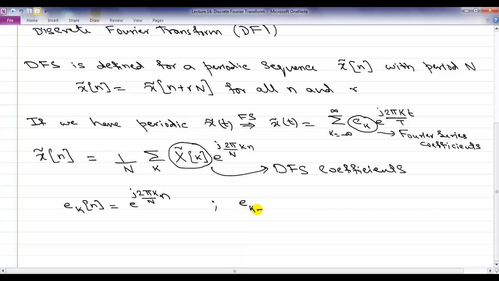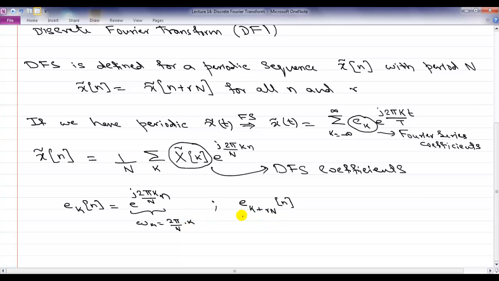ek plus Rn of n, some multiple of capital N. Okay, so this is a complex exponential with frequency omega k equal to 2 pi over n times k.